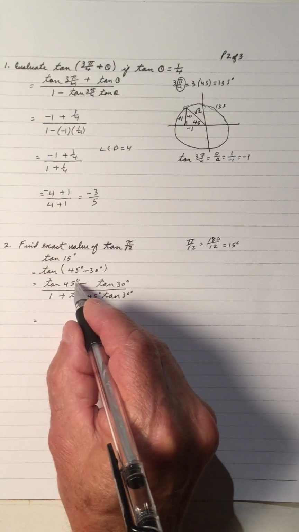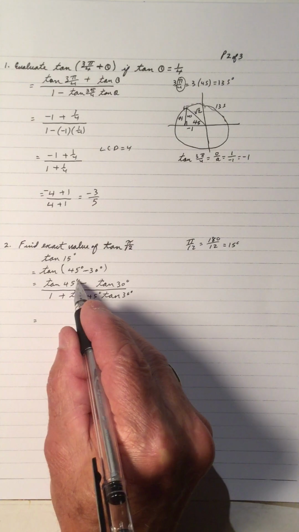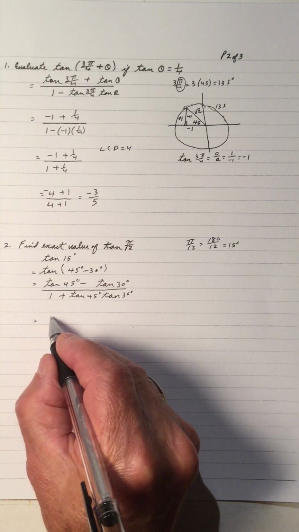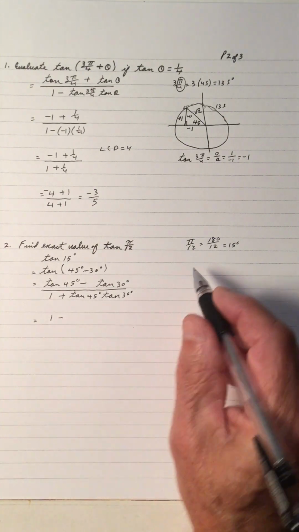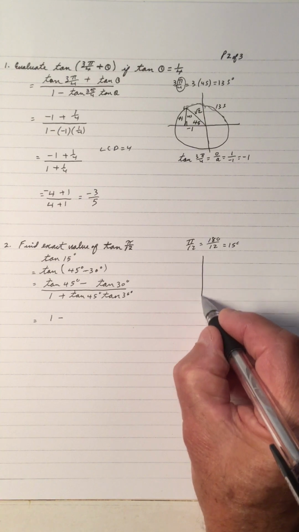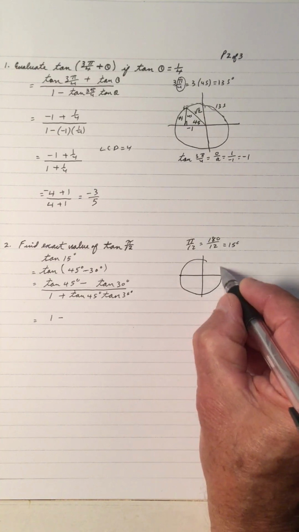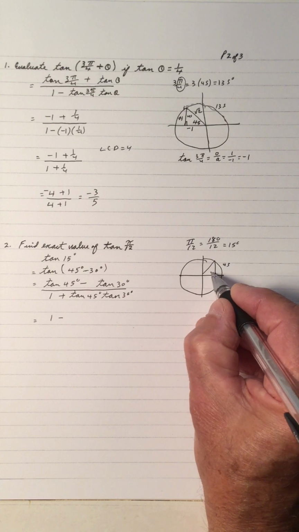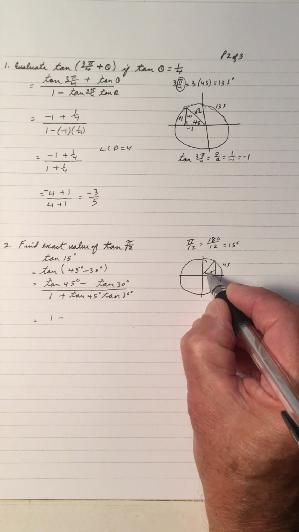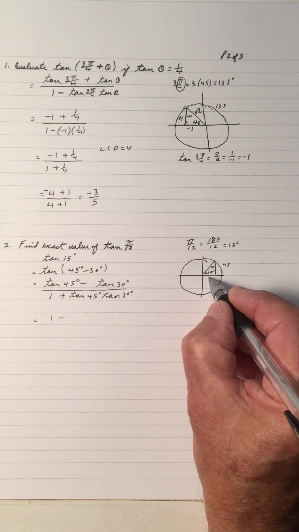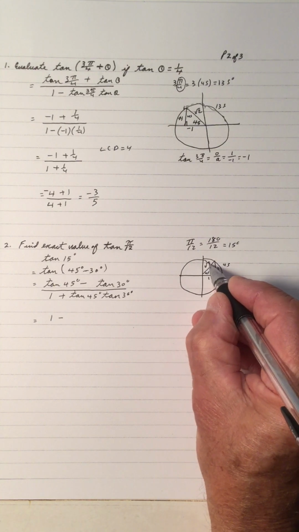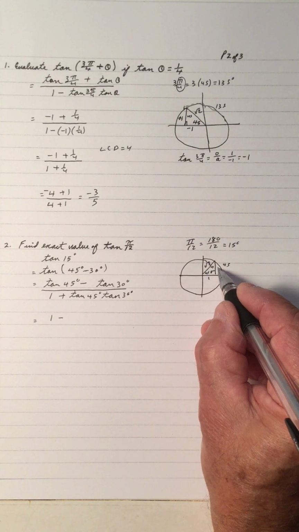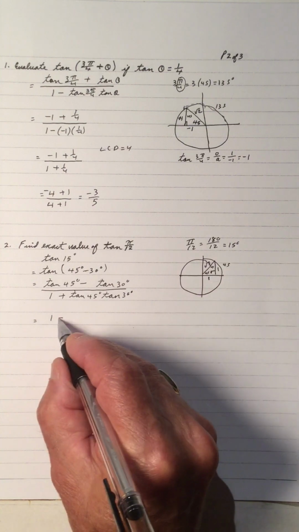The tan of 45, you can do on your calculator, but the tan of 45 is 1. Remember, when you do a 45 rotation, this is a 90, 45, 45 triangle, so this is a 1, 1, root 2. So the tan of 45 is 1 over 1, which is 1.